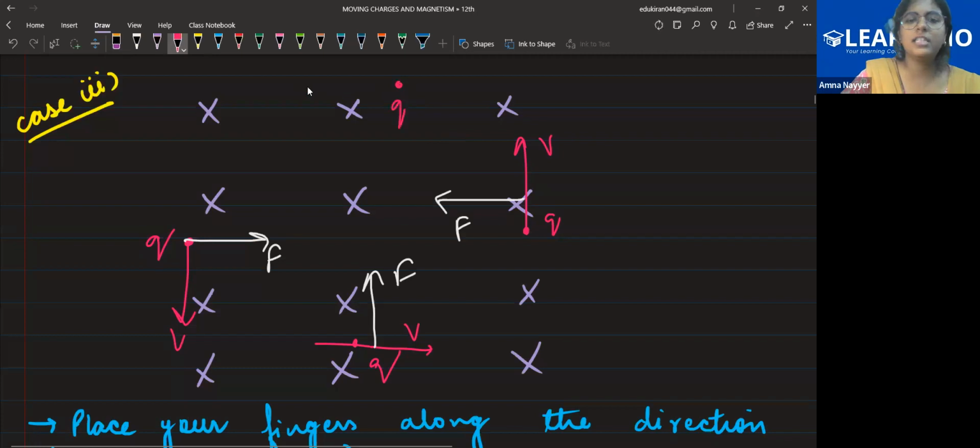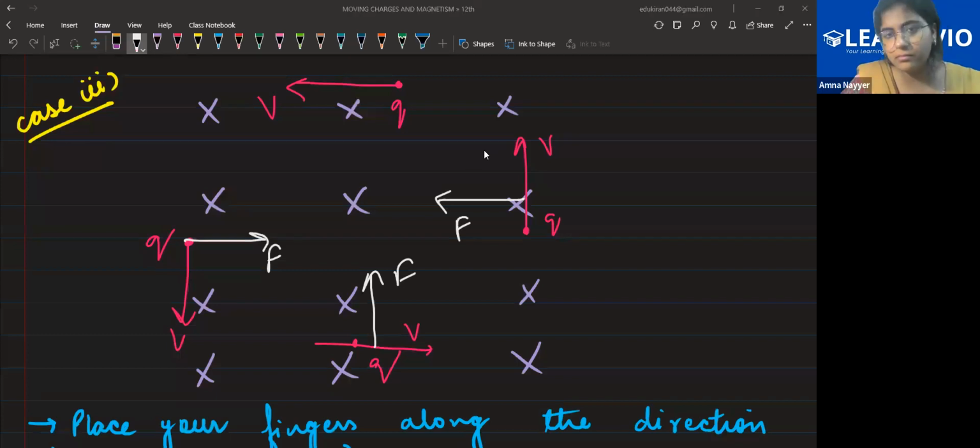So this is the charge. Suppose this is the direction of velocity. Taha, tell me the direction of force. Take your right hand. Put it along the direction of velocity. Curl your finger inwards because magnetic field is inwards.